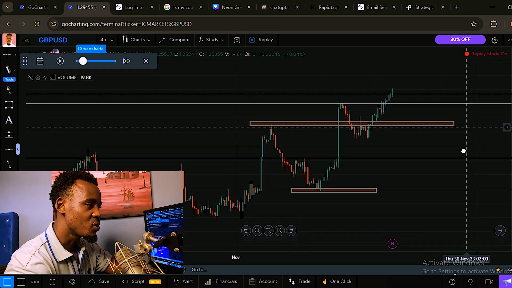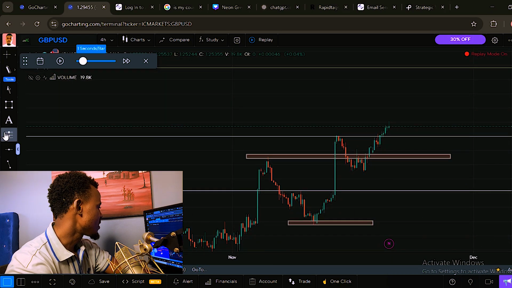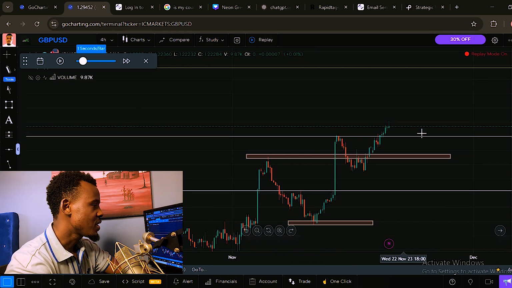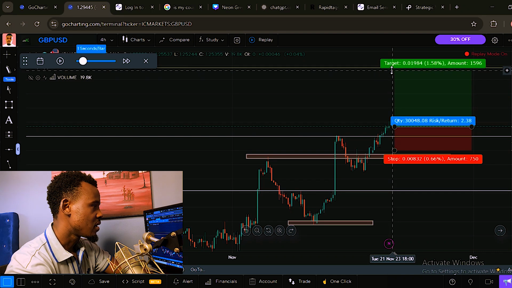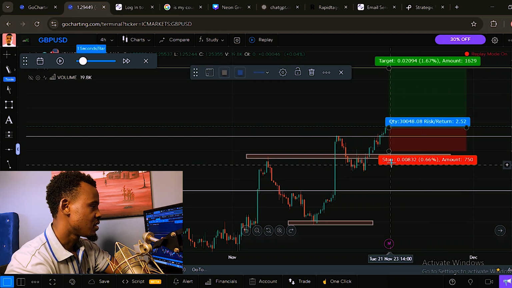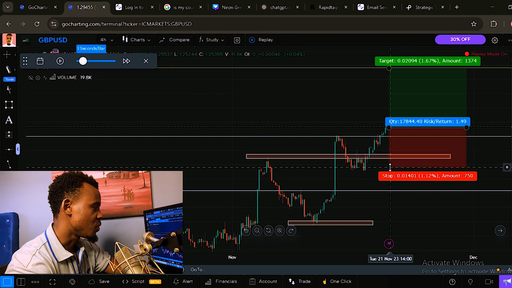Right now, there's no indicator telling us what to do. So at this point, we are going to get into the market. Now we're going to place our take profit over here, because all the zones are being respected, and place our stop loss below here.